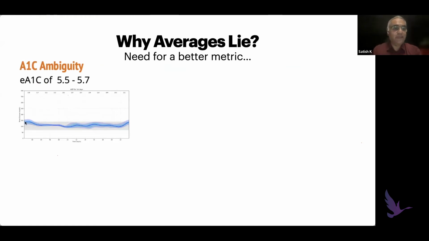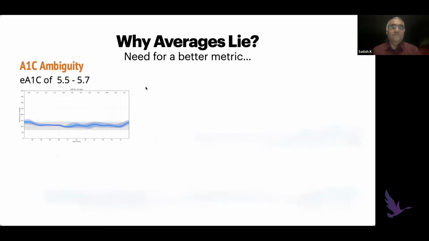You can see how narrow the band is, how well controlled this person's physiology is. Within this gray band, his entire sugar variation is very neatly inside, right? So this is a healthy person. His sugar control is quite good. Nothing is ever going below or above the band. It is very nice, an HbA1c of 5.5, 5.7.